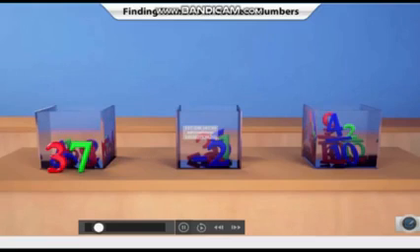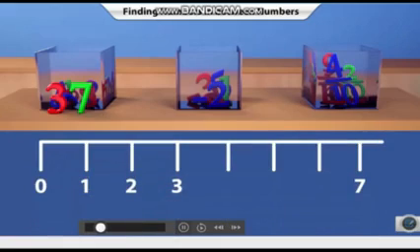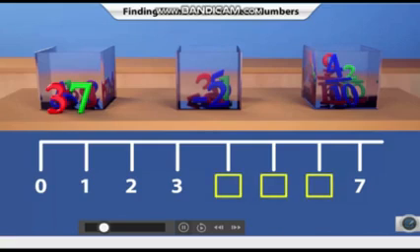Can you tell how many natural numbers are there in between 3 and 7? There are 3 natural numbers between 3 and 7. The numbers are 4, 5 and 6.